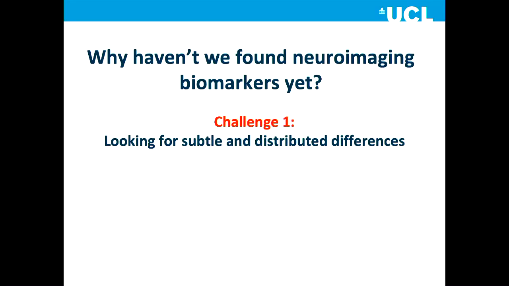A situation that is very different from the more common neurological disorders, such as dementia and Parkinson's, where we expect to see some anatomical differences in the brain at specific locations. So in mental health and psychiatric disorders, there is a lot of evidence that these differences will be more distributed and more likely to be at the connectivity level than at the anatomical level. So they are more subtle, distributed, and difficult to find.